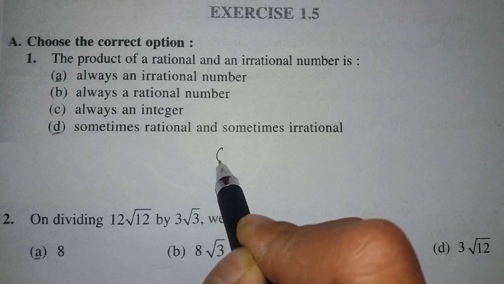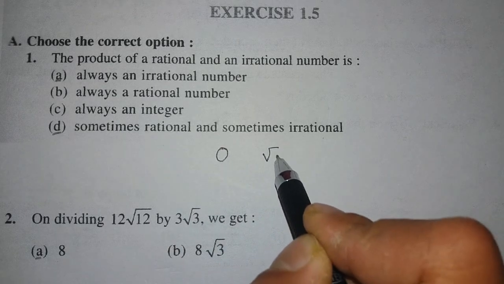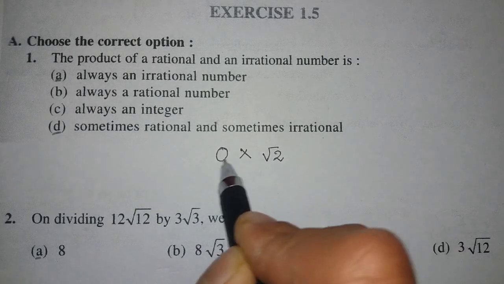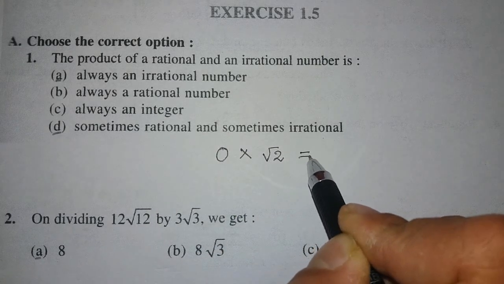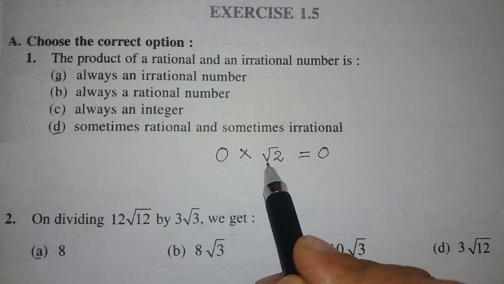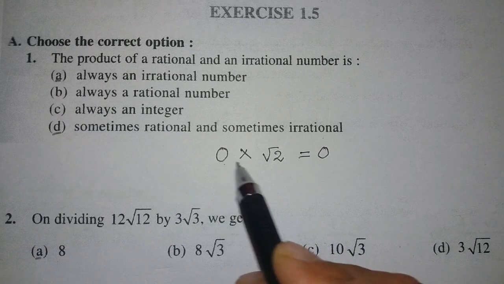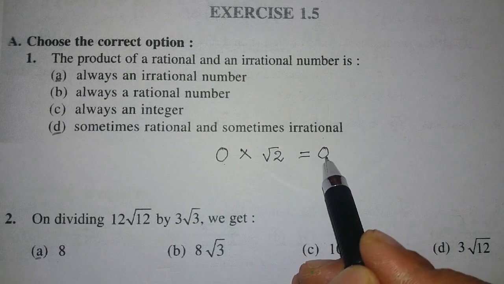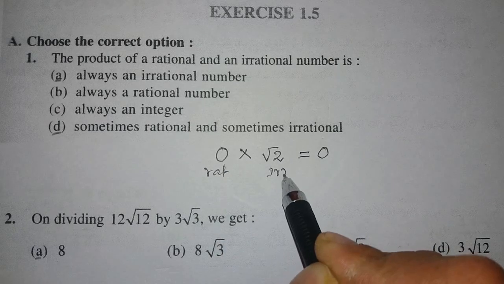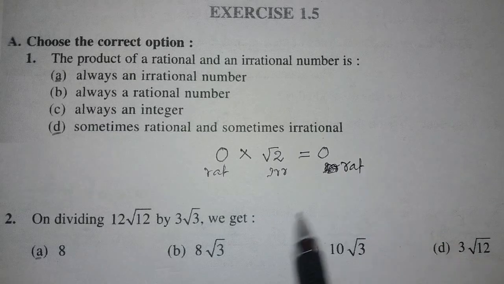Okay, 0 is a rational number and root 2 is an irrational number. Now if we multiply this 0 into root 2, we get here 0. So this is rational number, this is irrational number. So product of rational and irrational, we are getting rational here.